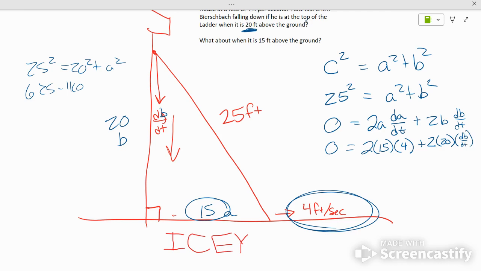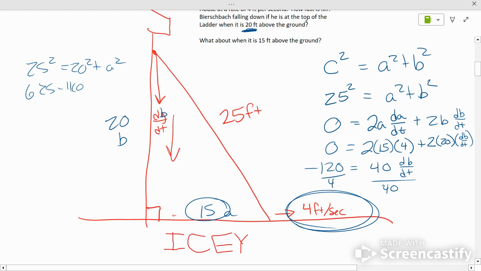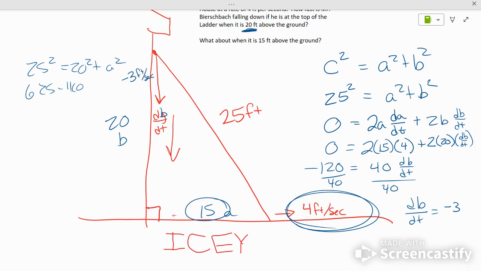So 2 times 15 is 30 times 4 is 120. So let's move the 120 to the other side. So negative 120 equals 40 dB/dt. And divide by 40. So what is dB/dt? Negative 3.